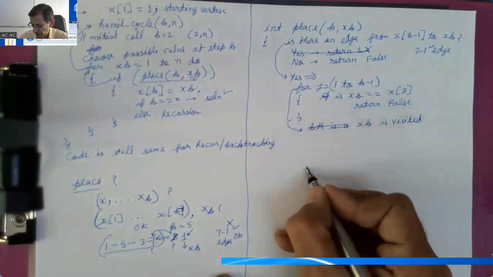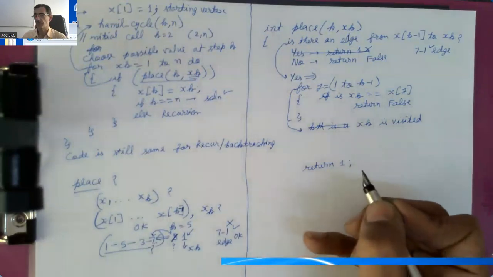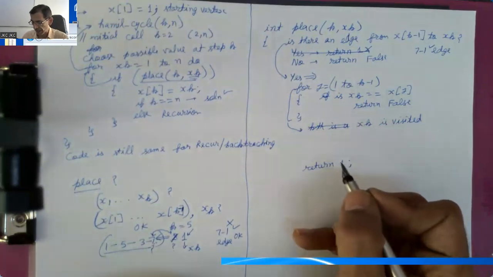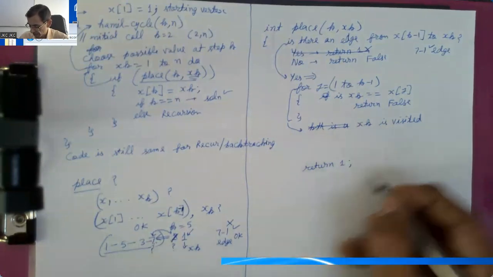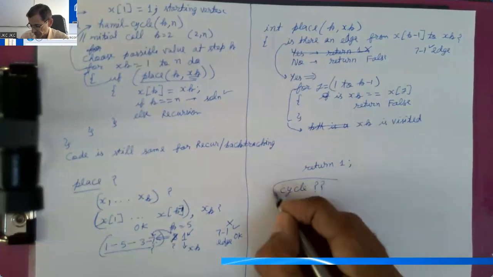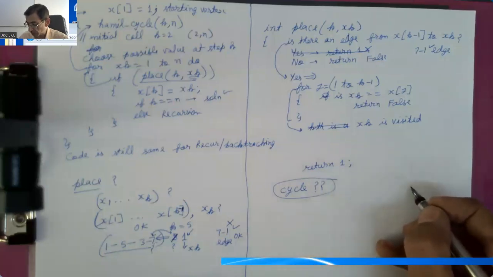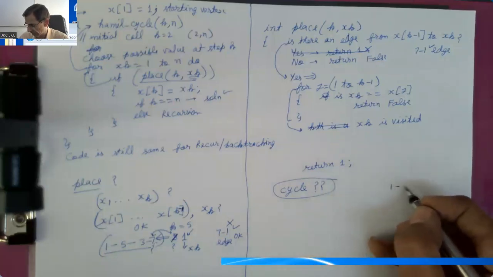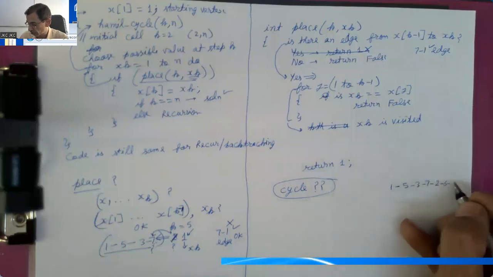But should I return 1 immediately or not? I have to now decide. The only catch here being at all these stages, I have checked everything except the cycle. How to check for the cycle? The cycle effectively means corresponding to the last vertex. Let's say I have 1, 5, 3, 7, 2, 6, 4.